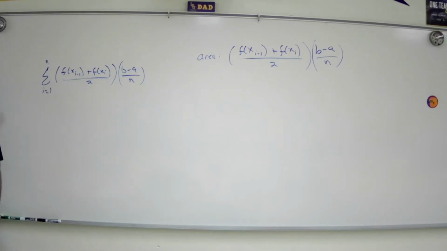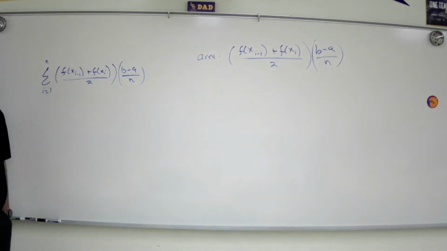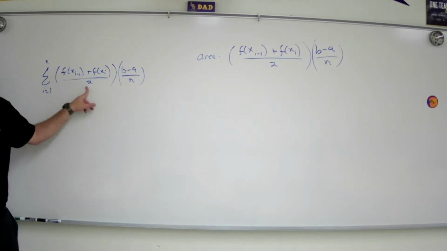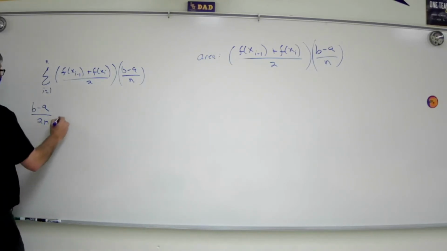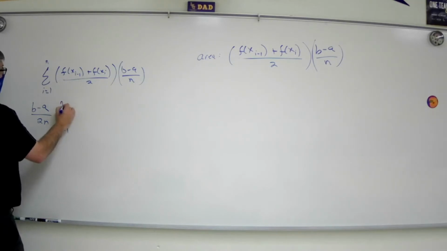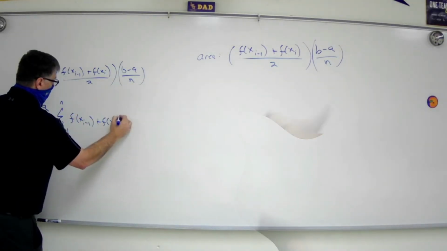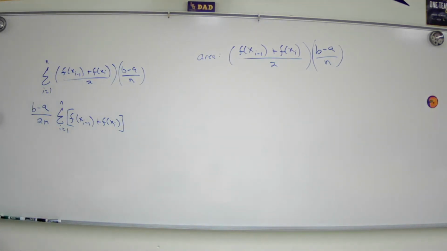Would you agree with this statement? I can pull this out because that's a constant. Can I pull 1/2 out because that's a constant? Do y'all agree with that? So I could rewrite this as b minus a over 2n with my sigma from 1 to n now of f. Do y'all agree with this statement so far?